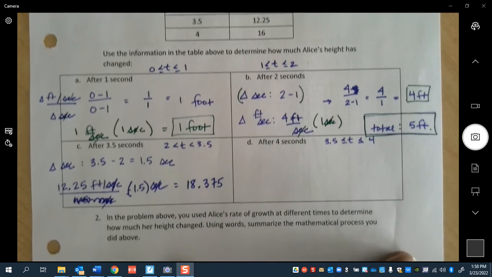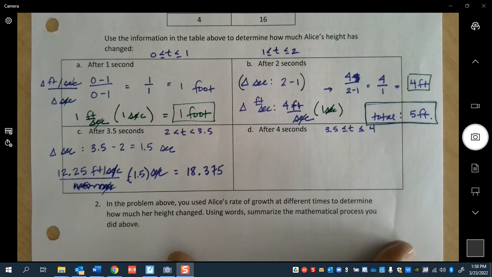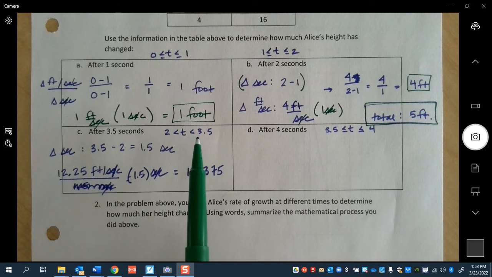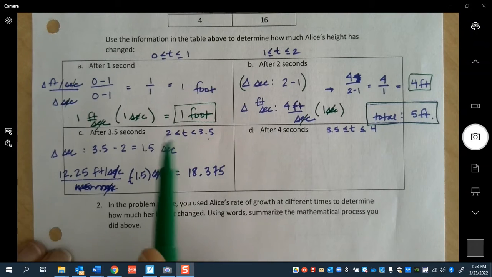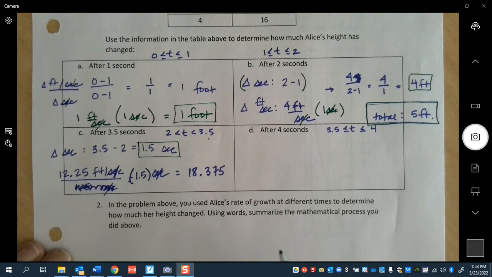So let's talk about what's happening here. Now we're talking about what's happening from 2 to 3.5 seconds. So now I've got 1.5 seconds is my change in time. She now is growing at a rate of 12.25 feet per second.